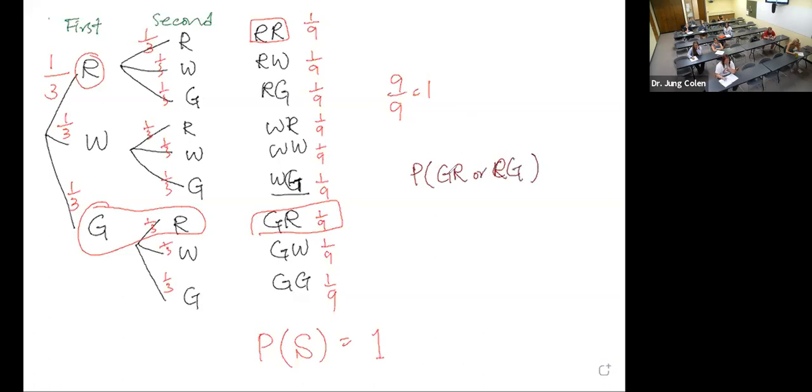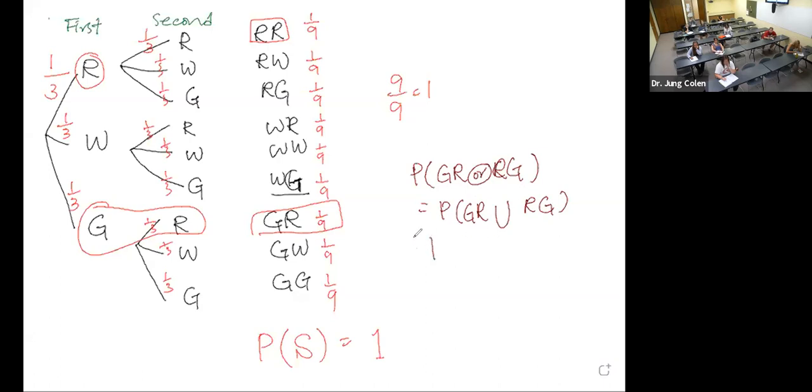Which means the first row can be green and the second row red, or the other way around. So this is an OR situation, the same as the probability of GR union RG. Remember when we talked about union?